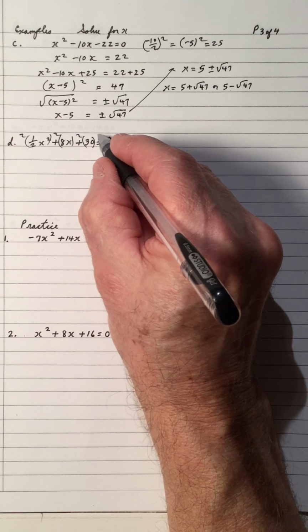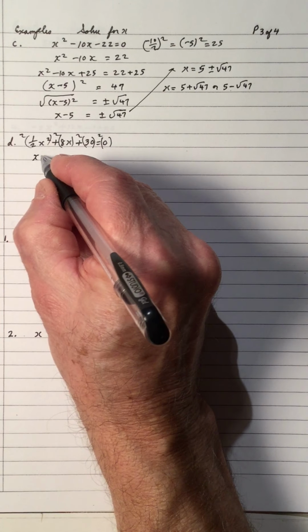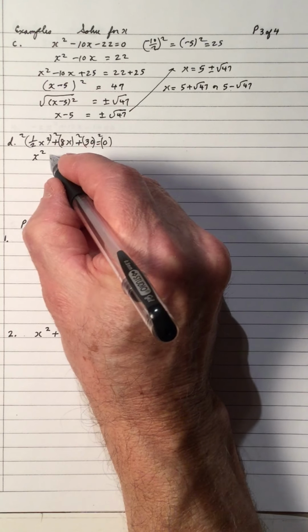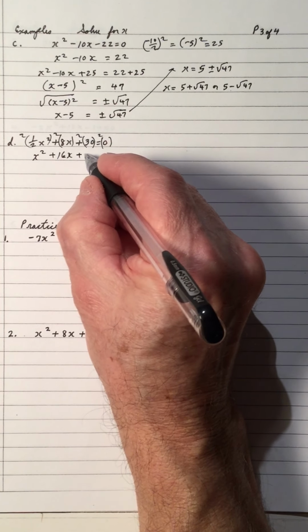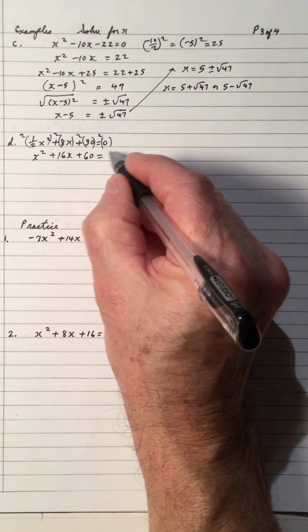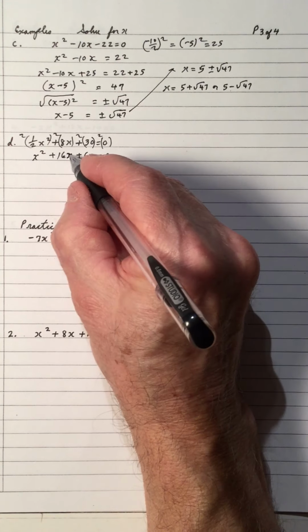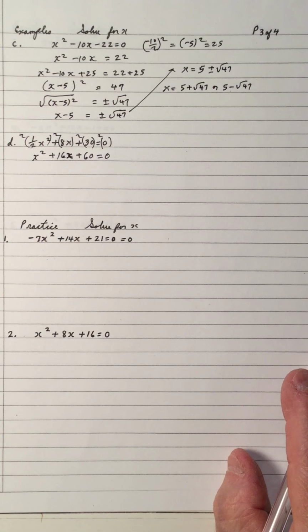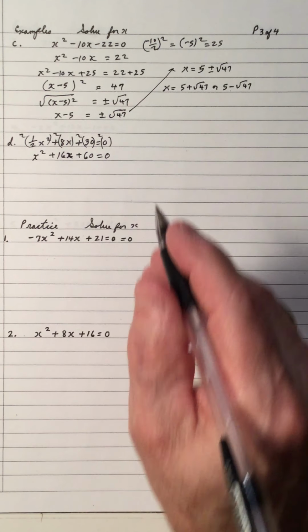That will eliminate the fraction. 2 times a half is 1, so that's an x squared. 2 times 8x is 16x. 2 times 30 is 60. And 2 times 0 is 0. So now I have no fraction to deal with, because when I'm solving equations with fractions, I multiply every term by the LCD to eliminate the fraction.